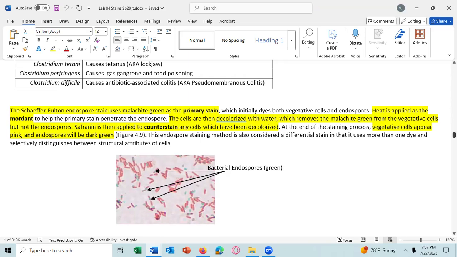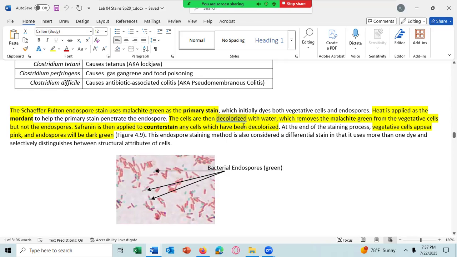It uses malachite green as the primary stain, which initially dyes both the endospores and the vegetative parent cells green. Heat is then applied as a mordant to help the malachite green get inside the endospore. You then decolorize the cells just with water.